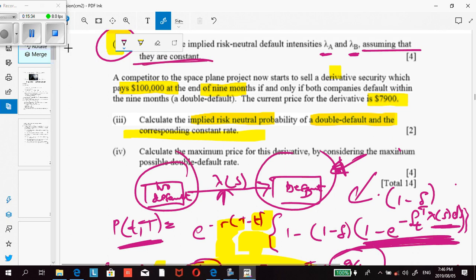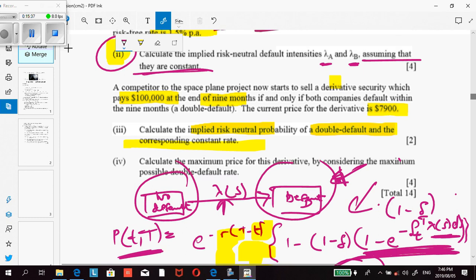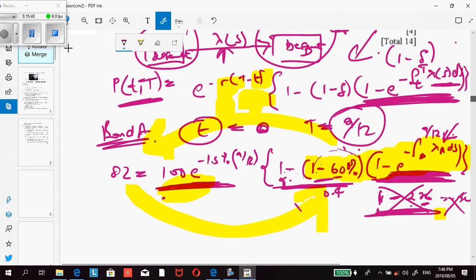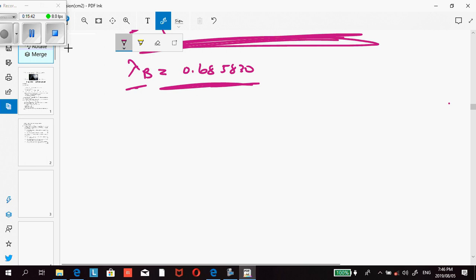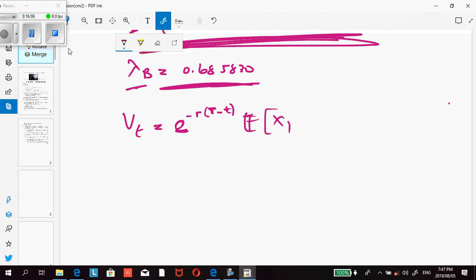If you remember very carefully, I've got a revision on the 5-step method, but if you remember very carefully, the price at time little t of a derivative which pays X_T at maturity is equal to e to the power minus r into the maturity time, the final time, minus the initial time, times the expected value of the payoff at maturity given the past history.